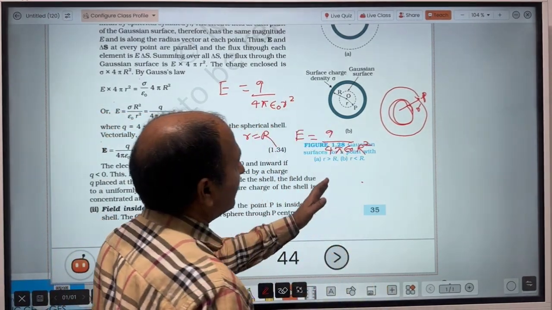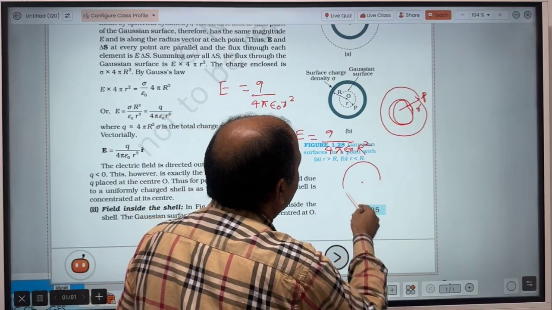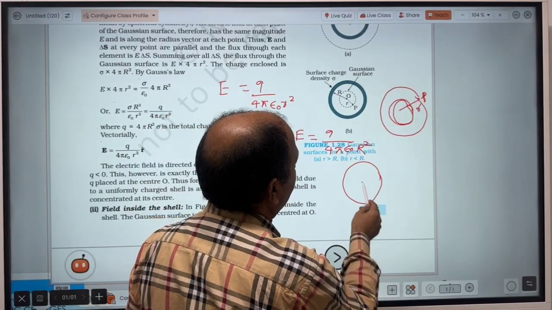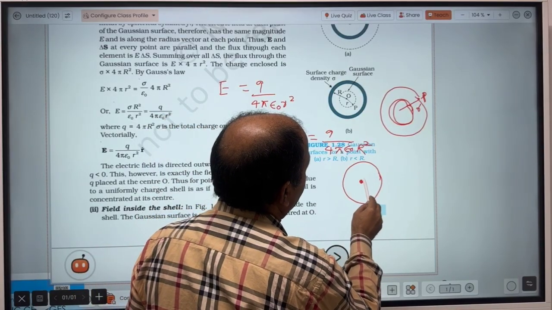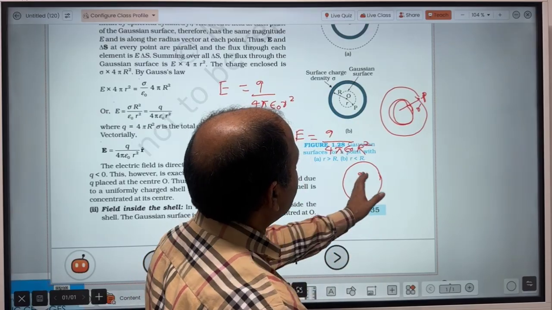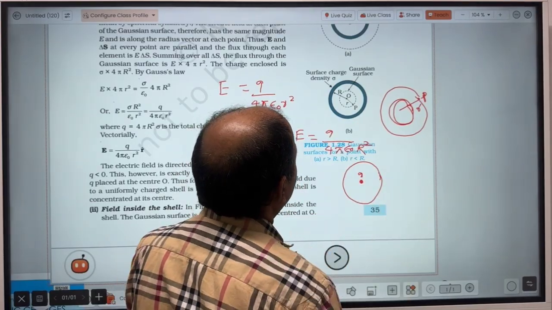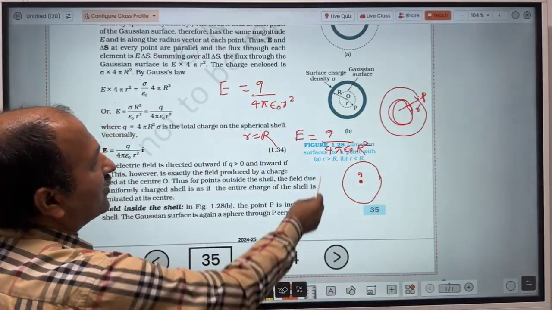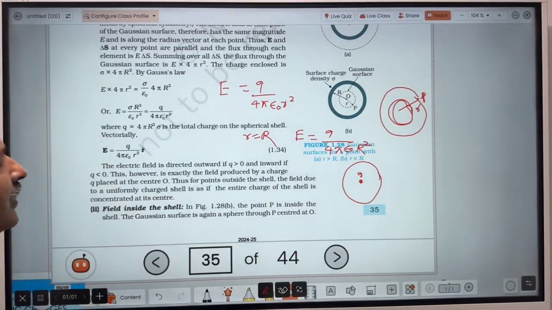This is the basic relation that you have studied due to a point charge. Suppose the charge is centered here, suppose this is a sphere and the charge is placed here. In that case, at distance r we can find the electric field. So this is the basic relation.